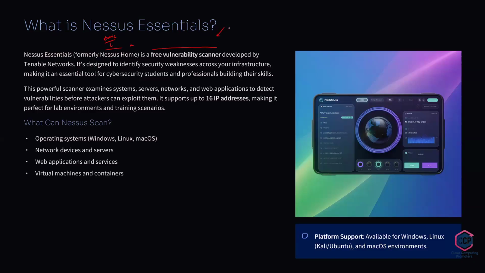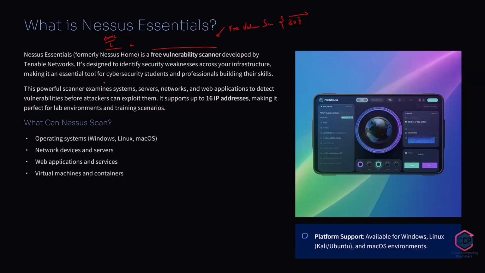Right now we are using a free vulnerability scanner where we have a trial version, for 30 or 29 days, with the validation key sent by Nessus to our email ID.